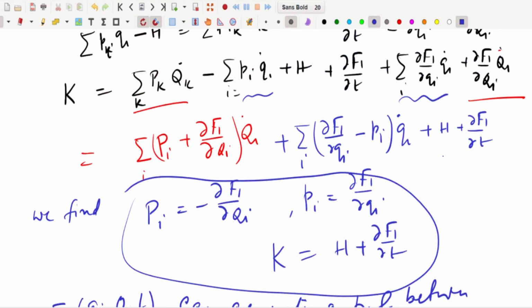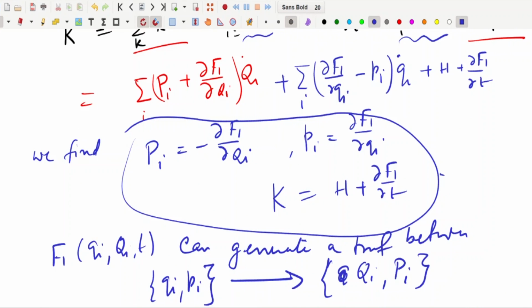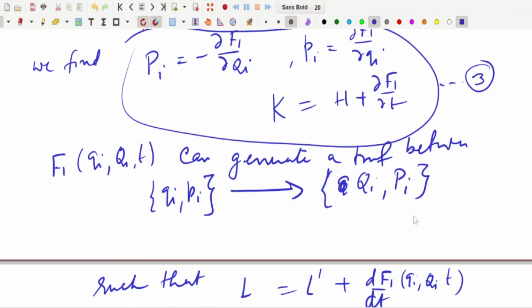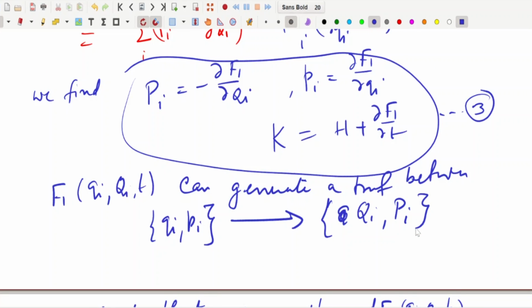So let us denote this with an equation number, equation 3 for this lecture. So we find that f1 which satisfies this equation, if they satisfy, then we can go from L to L prime, which are related by a gauge transformation, and the dynamics does not change.